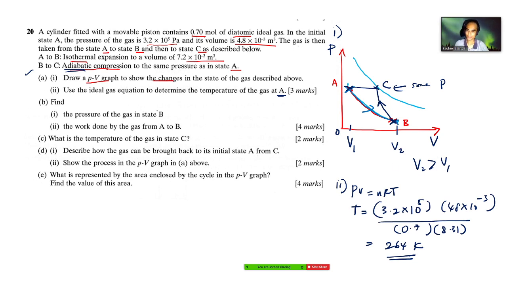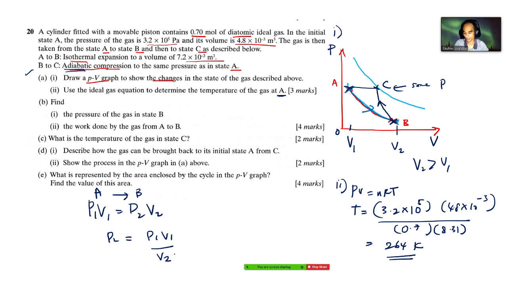Okay, find the pressure of the gas in state B. So A goes to B, you know that PV is constant. P1 V1 will be equal to P2 V2. This is constant, so we can use it from state A to state B. So P2 equals P1 V1 over V2.